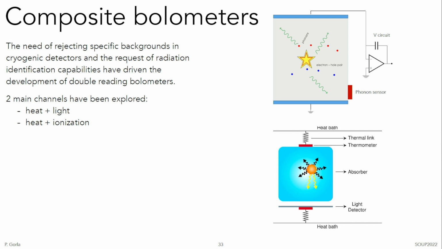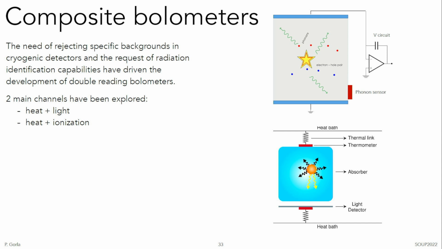Note that this kind of device is still operated at ultra-cryogenic temperatures, in the 10 millikelvin range. So you cannot just place a phototube here and try to read your light emission, because at those temperatures there is basically no chance that you can extract electrons from the photocathode, and there is no way to read this light with a commercial or standard light detection device.